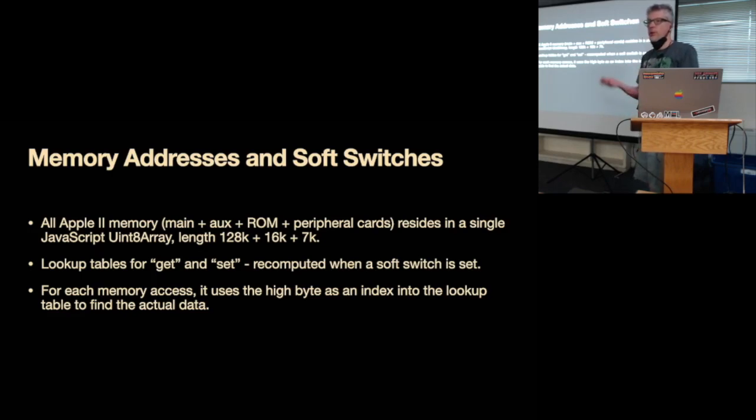So what I have is just a giant block of memory and then a separate lookup table. Only when a soft switch is changed, I go and change the lookup table. And so I say, okay, from now on, whenever you access a certain memory location, you're going to get that from here. Okay, does that kind of make sense? I can go into more details after the talk about that. That sped up the emulator tremendously because it just wasn't doing all this checking every single time.